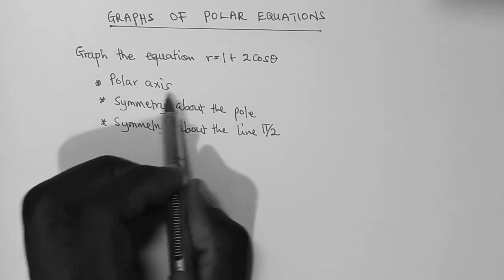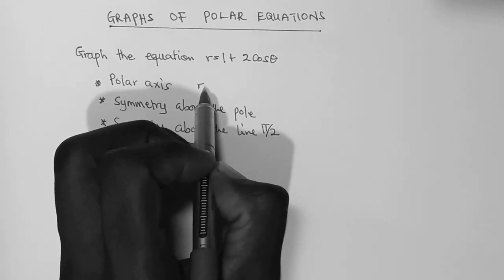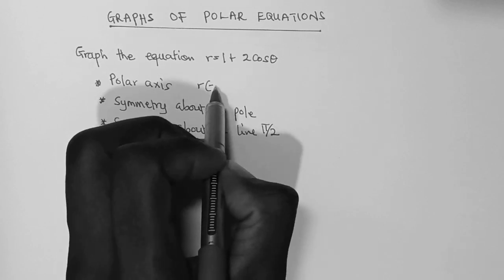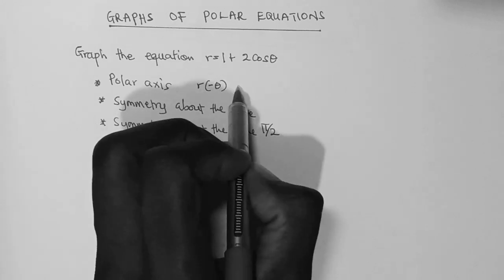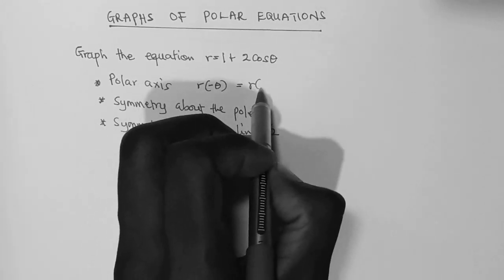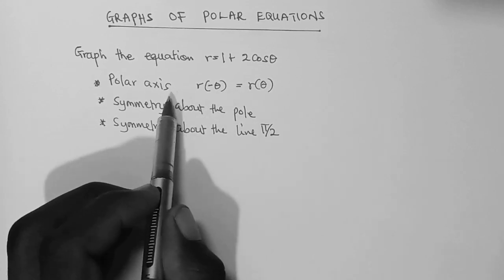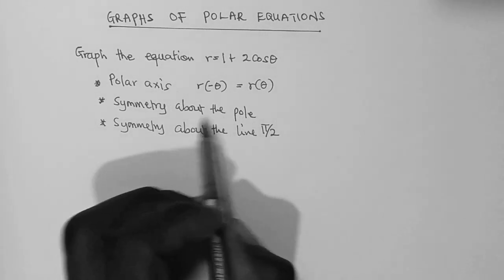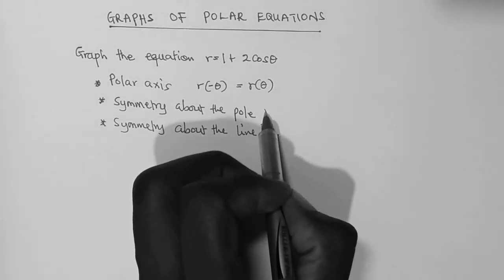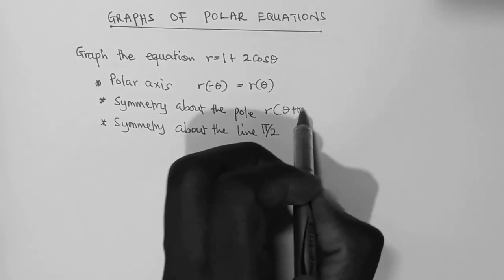To find symmetry about the polar axis, we look for r of minus theta. If r of minus theta is equal to r of theta, then that equation is symmetric about the polar axis. To find symmetry about the pole, we look for r of theta plus pi.